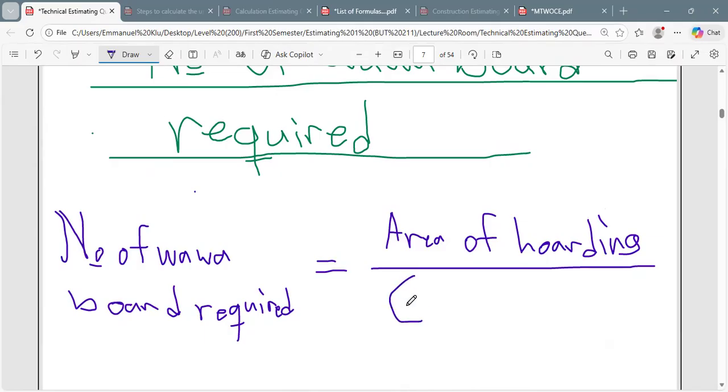Area of Wawa board. So I've already showed you the formula, and that is 0.3 meters times 4.2 meters.